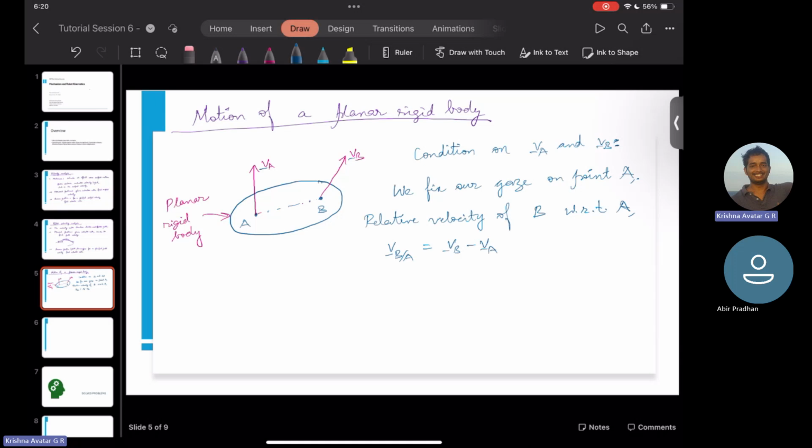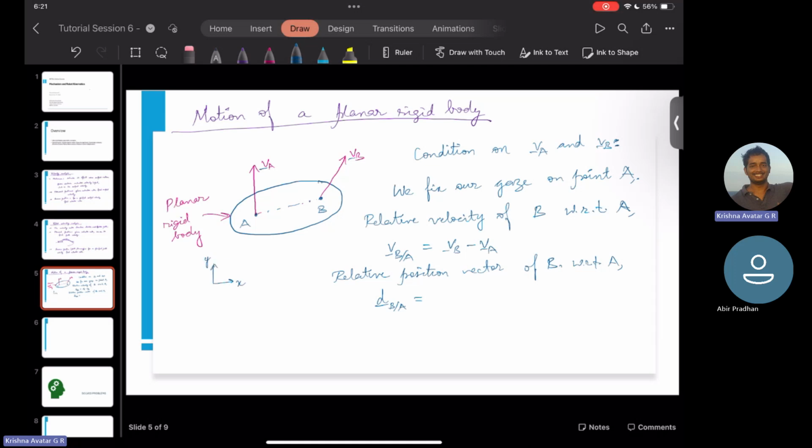Now let me also call the relative position vector. I think that is the best word here. So the relative position vector of B with respect to A, we'll call it D vector B by A, is equal to, say this is the origin for some Euler frame. Since we are dealing with planar, I'll just take X and Y coordinates.